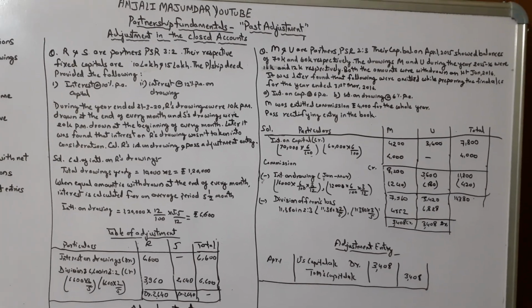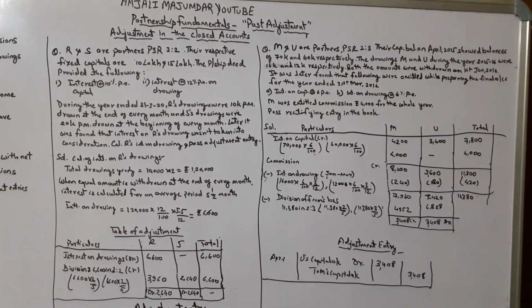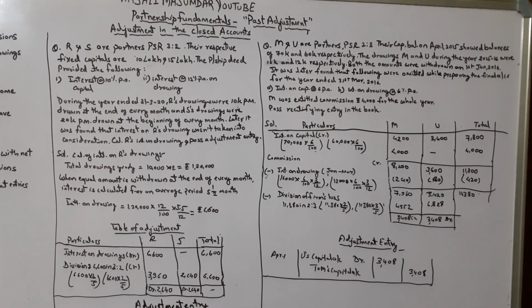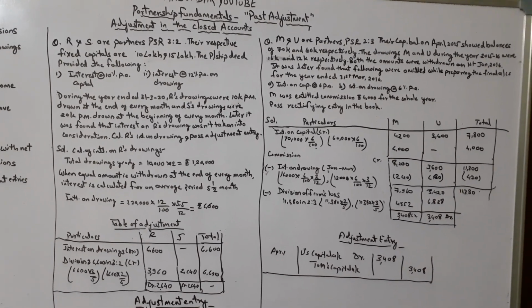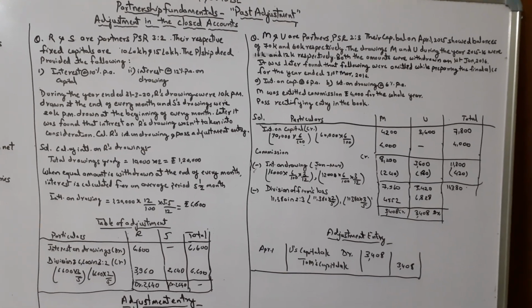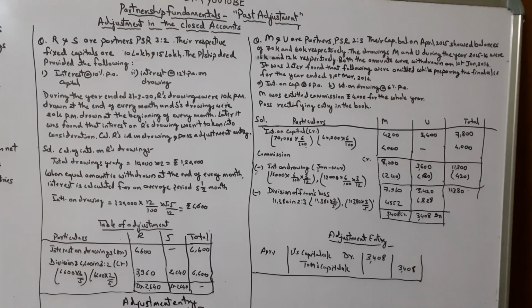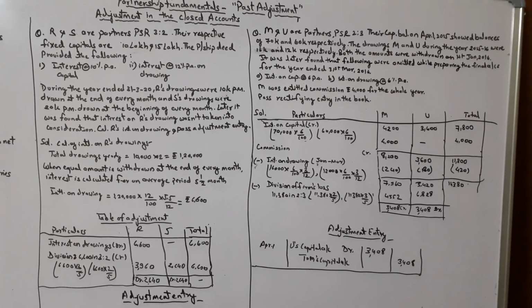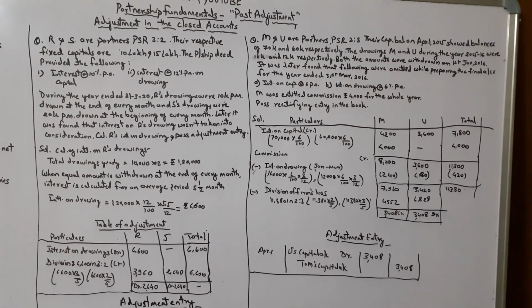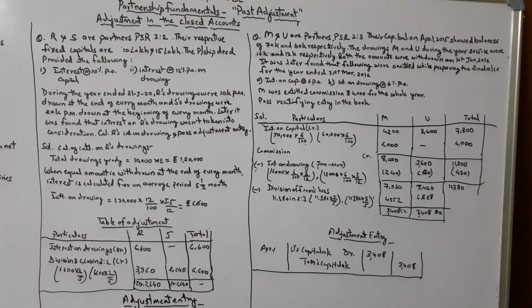So January, February, March. This way you got 3 months. So 16,000 multiplied by 6%, because the rate of interest on drawing is given as 6%, multiplied by 3 months. This way you get 240, and for U you get 180. So 8,200 minus 240 gives you 7,960, and for U 3,600 minus 180 gives you 3,420.